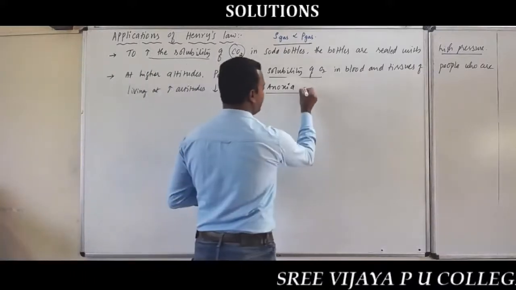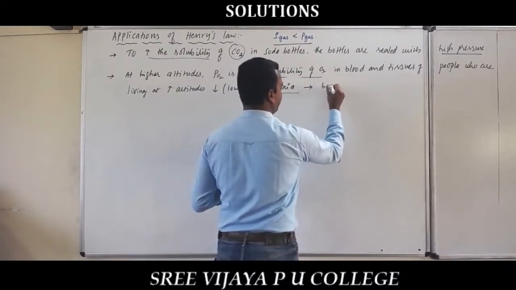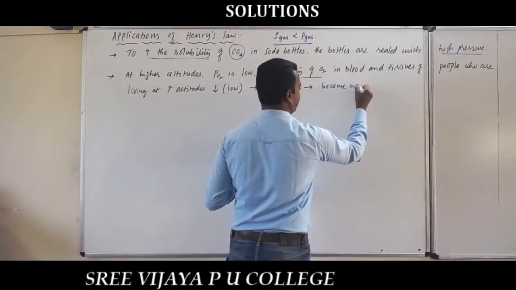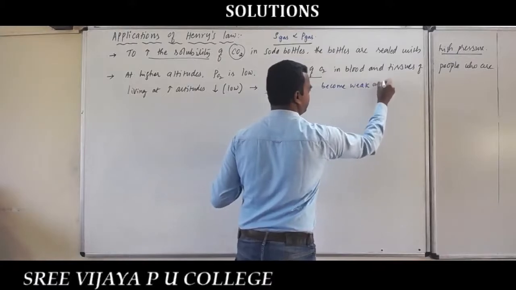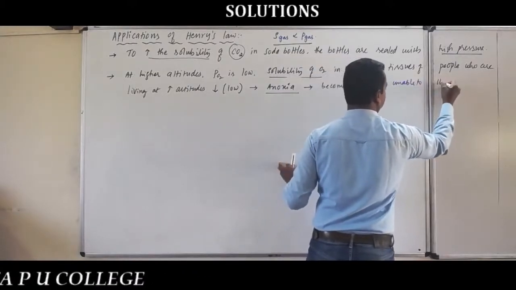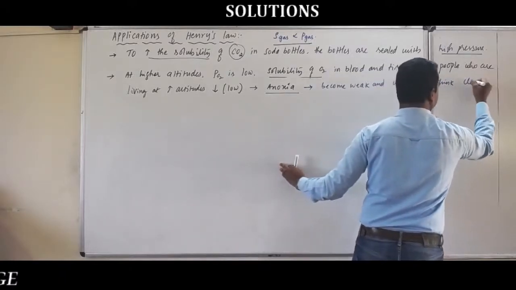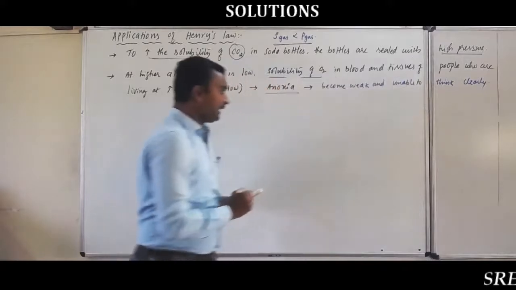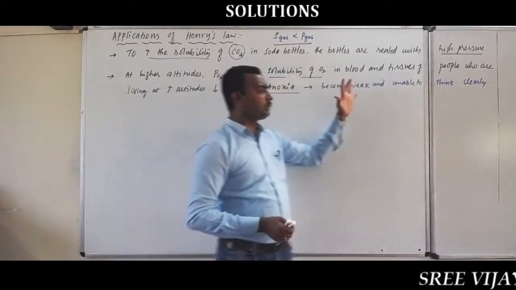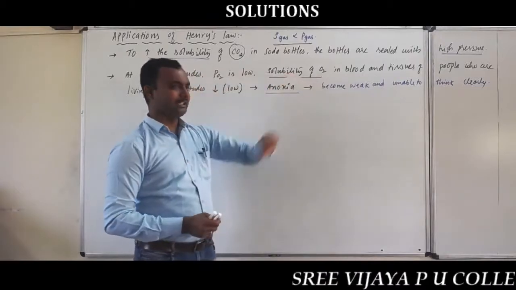Anoxia is a term that indicates they become weak and unable to think clearly, because of the low concentration of oxygen in blood and tissues.